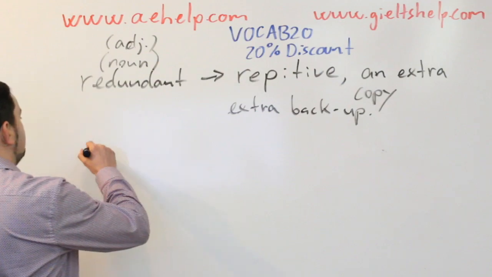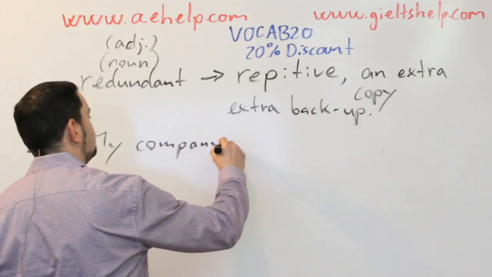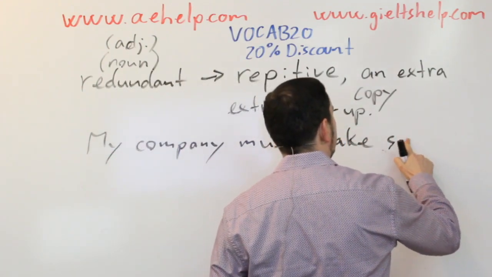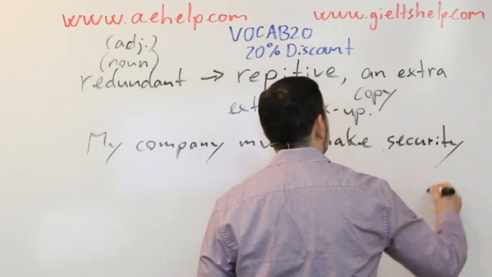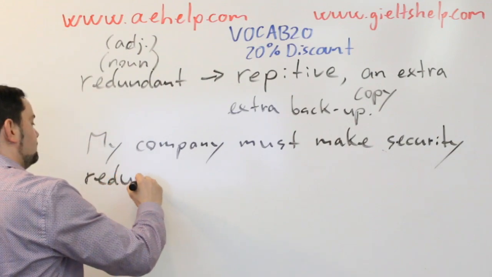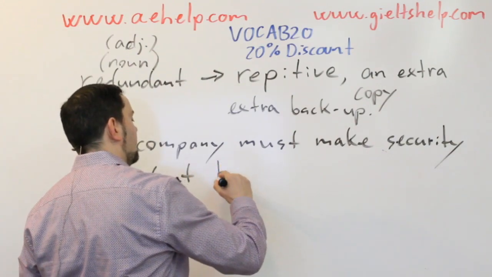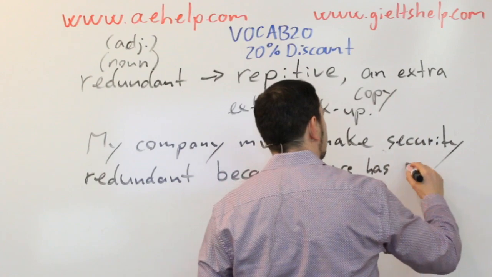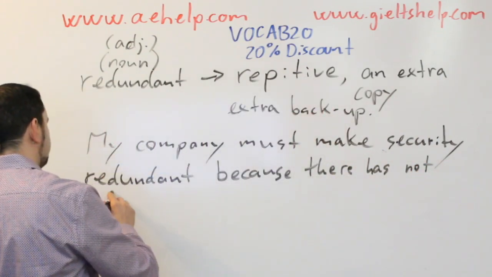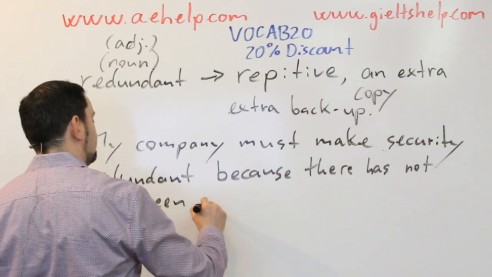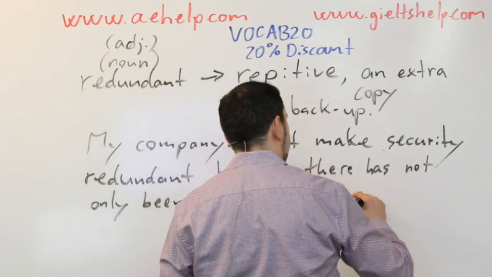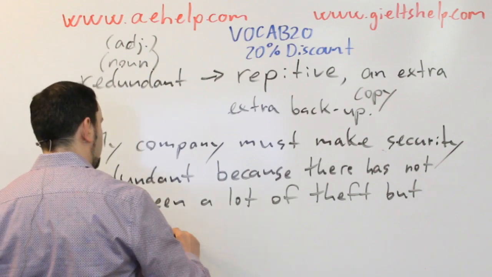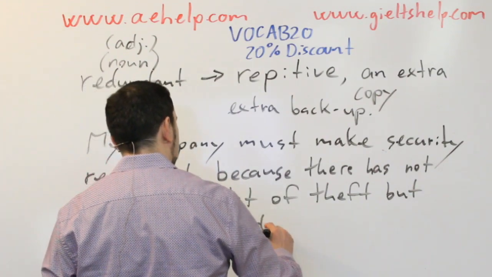So my company must make security redundant because there has not only been a lot of theft, but also natural disasters.